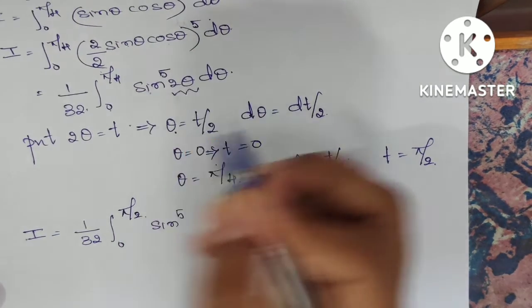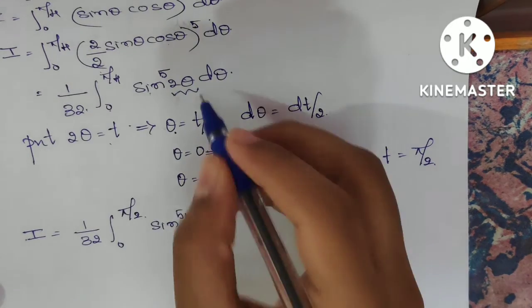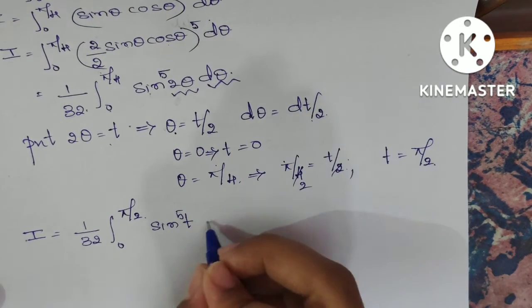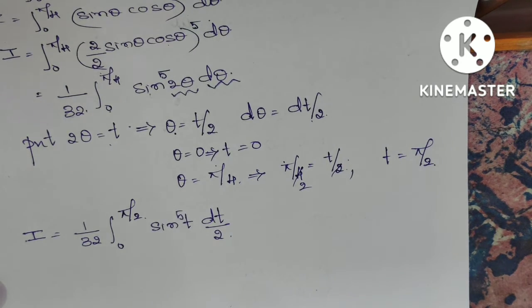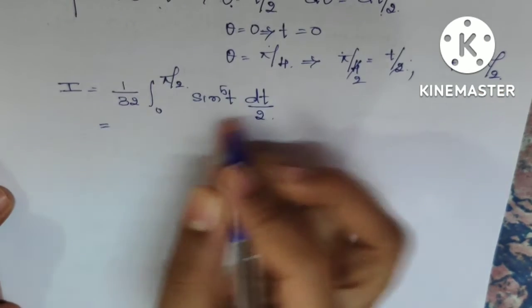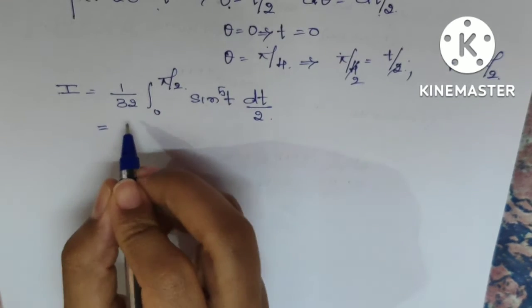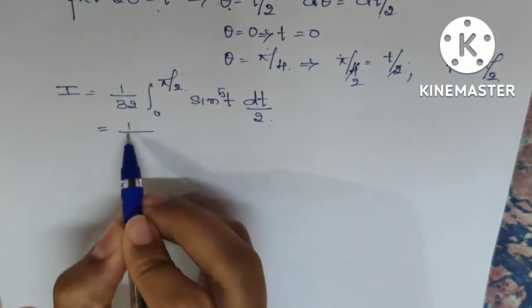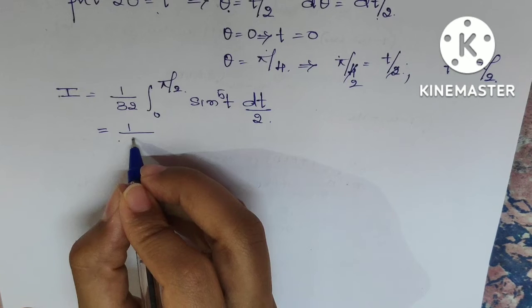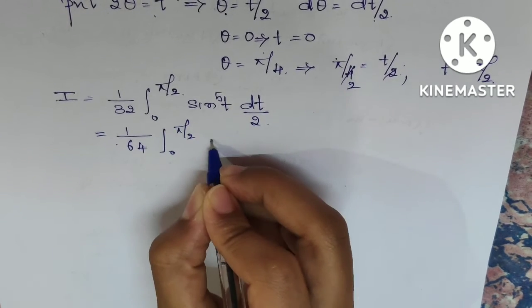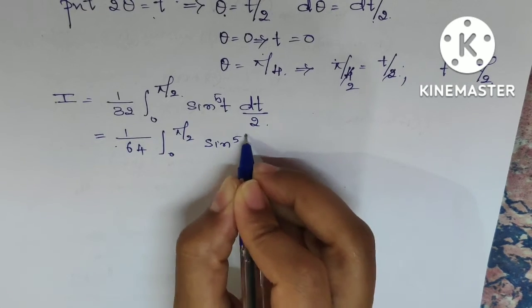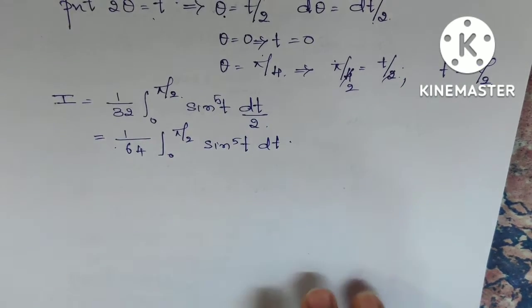So we get I equals 1 by 32 integration from 0 to pi by 2 sine power 5. So in place of 2 theta, I'll write t. d theta will be dt by 2. I'll take this 1 by 2 outside. So 1 by 32 into 2 is 64 into integration of 0 to pi by 2 sine power 5t into dt.